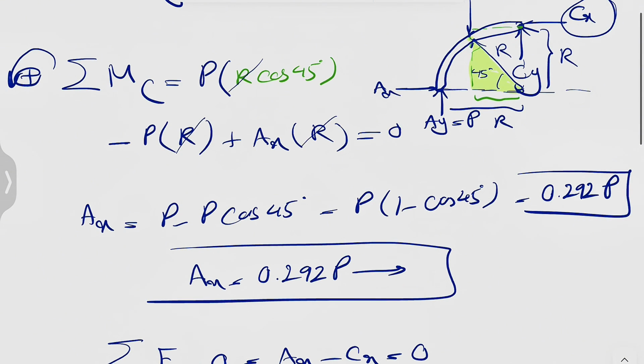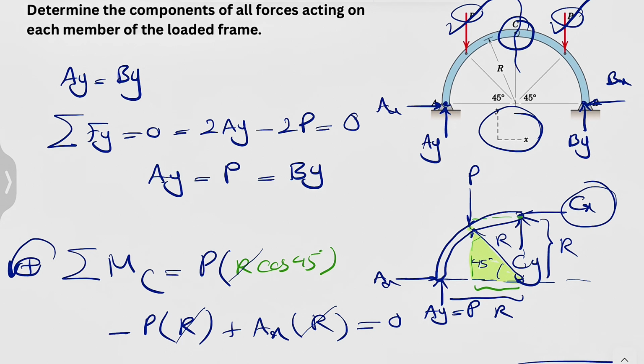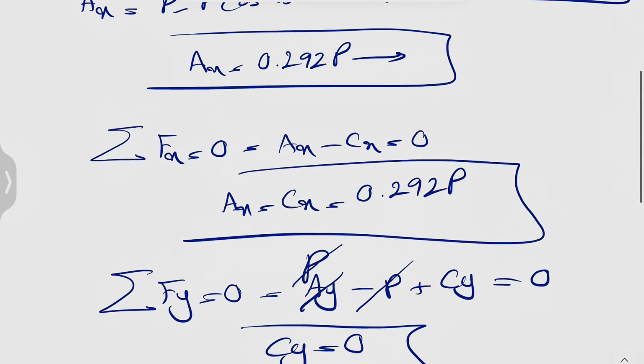We don't have any y component for that. As I mentioned, because of the symmetry, it's the same story for Bx and By. Our By is basically P, and Bx is the value we have for Ax, which was 0.292P. So that's pretty much everything for this question.